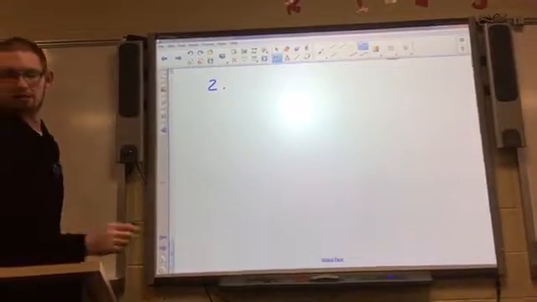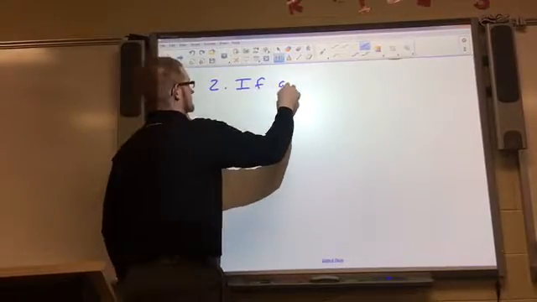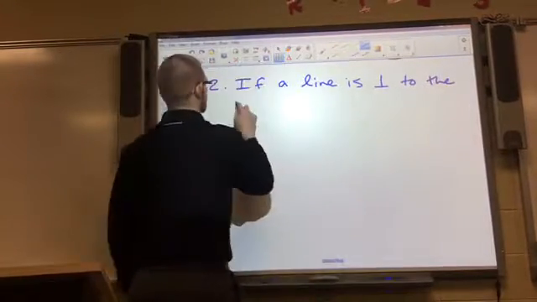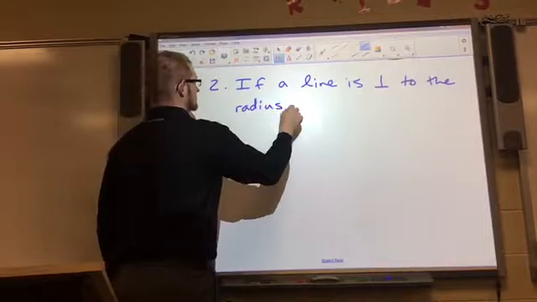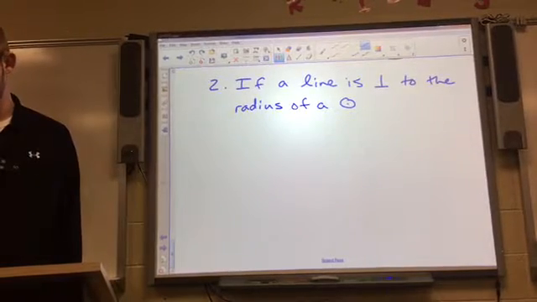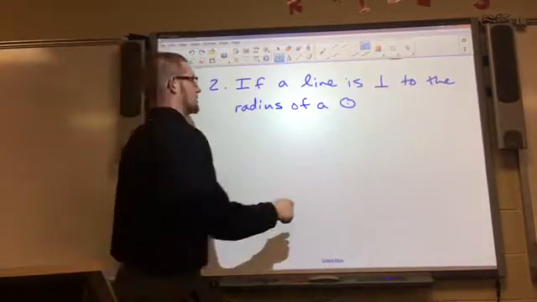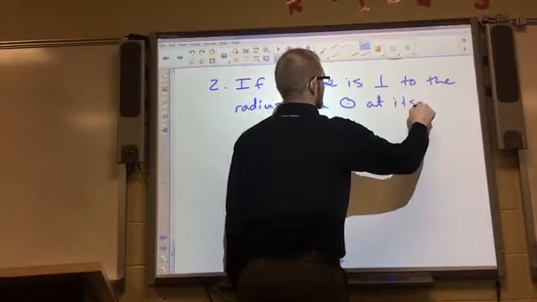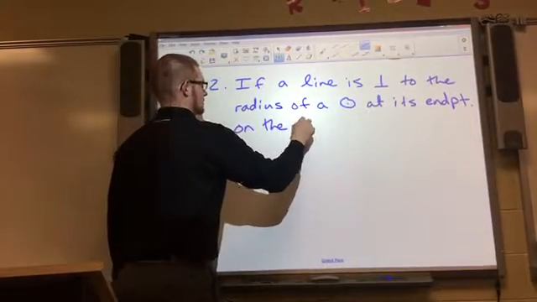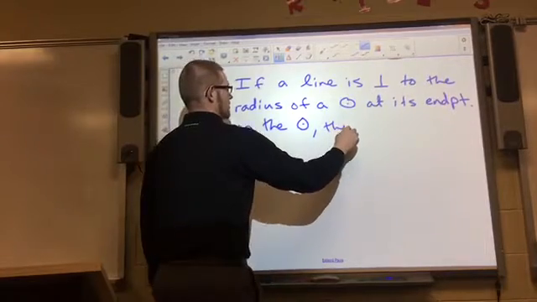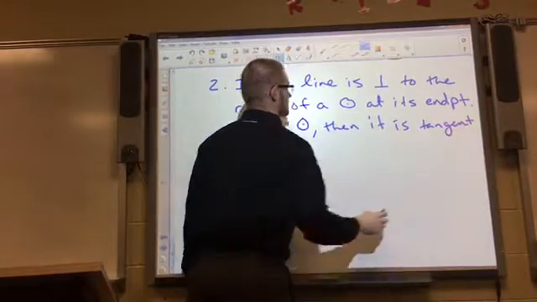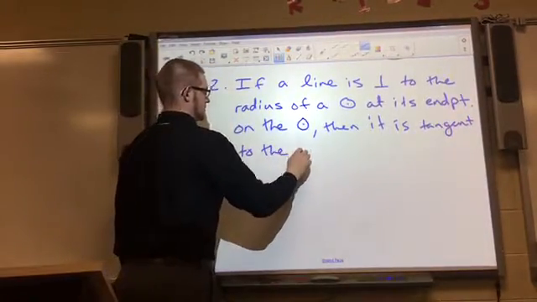Okay, if a line is perpendicular to a radius of a circle at its endpoint on the circle, then it is tangent to the circle.